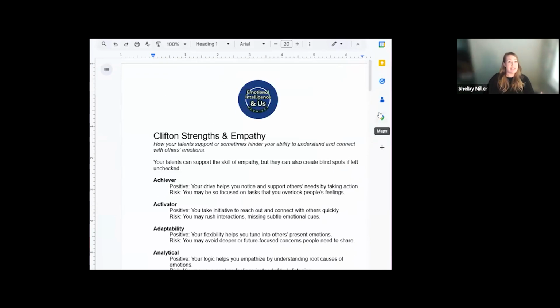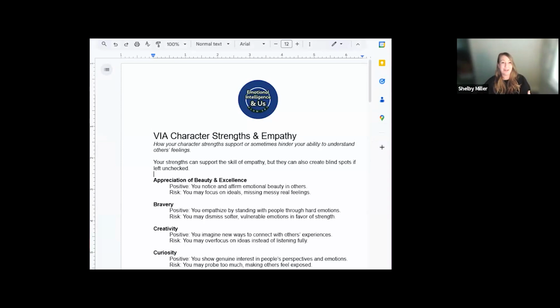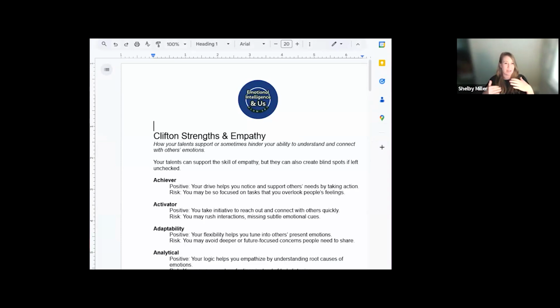So I made our 3 documents again, where I took Clifton strengths and compared each talent to what empathy might look like. How can that talent be a positive? How can that talent present a blind spot? I did the same thing with 16 personalities, as well as the 24 character strengths. These are in our course shell together, and I'll also link them with the video.